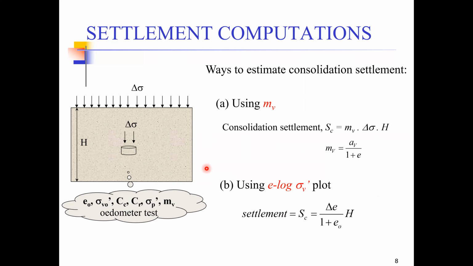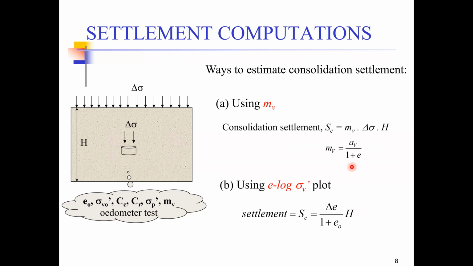For the matter of this coursework, we will mostly be focusing on this method of determining consolidation settlement. And I hope if you can learn how to determine consolidation settlement by using this method, the other method won't be much difficult for you. So let's see how we can determine this consolidation settlement.